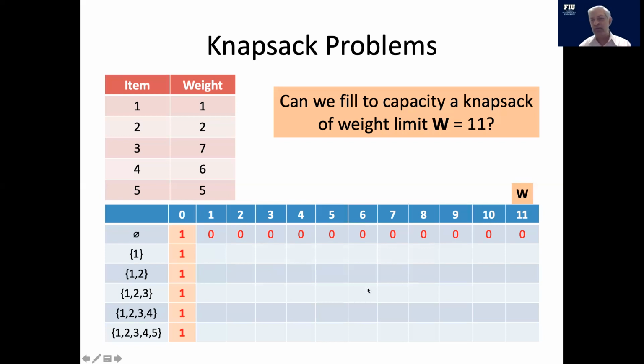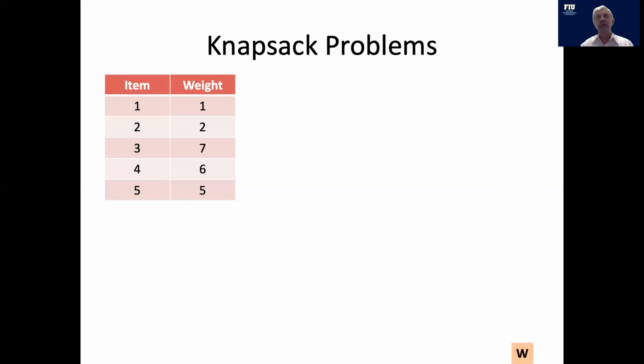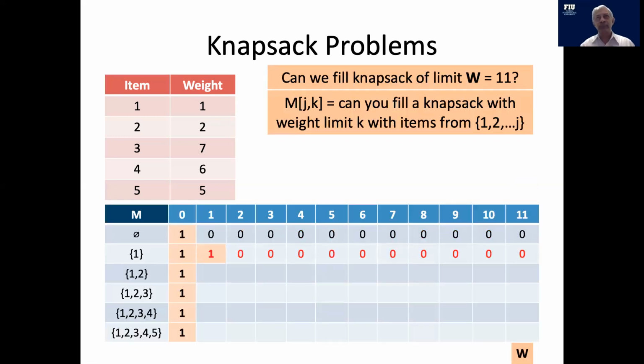Okay, now I'm going to give you a formula for filling up the next row, and then a formula for the next row, and so on and so forth. Now, here's how this works. We're going to assume, as I said, this matrix, I'm going to call this the matrix M. This matrix, M of j comma k, so the jth row and kth column, simply is a 1 or a 0 that answers the following question.